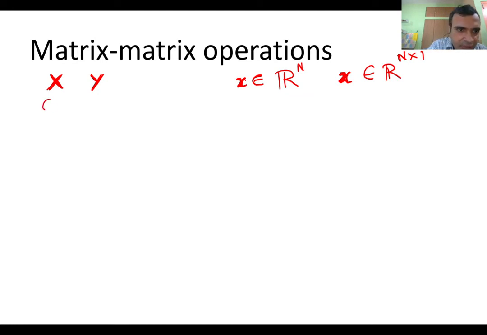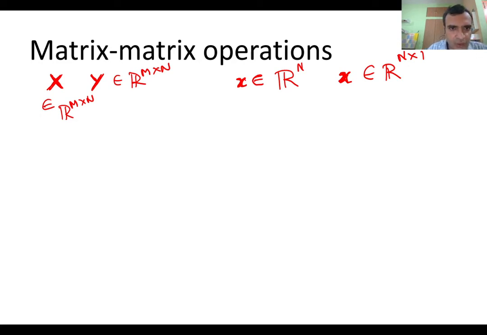Here, let's say X belongs to R to the power m cross n, and Y also belongs to R to the power m cross n. This stylized R is the set of real numbers. It could be complex numbers also, but for all practical purposes we'll stick to the set of real numbers.